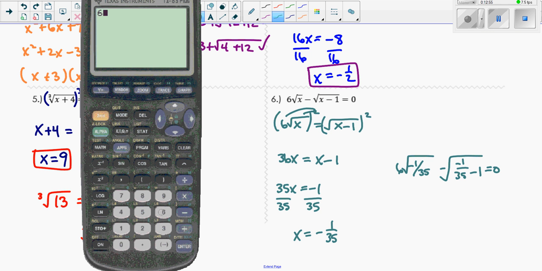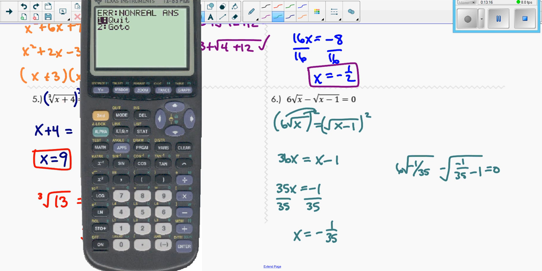Alright, so when I put in my calculator, I want to be careful how I put it in. I'm going to have 6, and then the square root of negative 1 divided by 35. And so here's the thing, we really didn't need to use our calculator because my calculator can't do this anyways. So notice it says non-real answer.